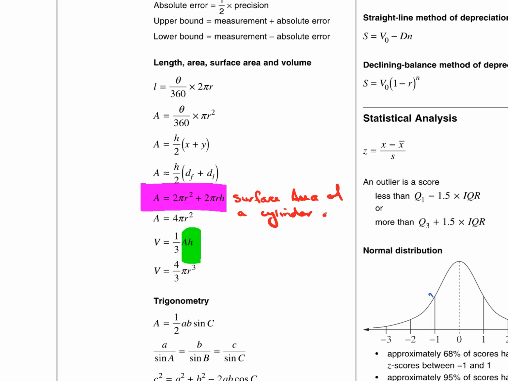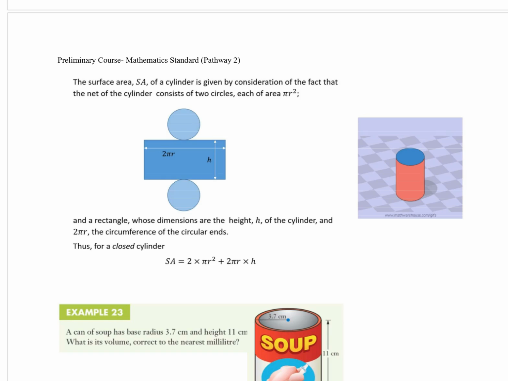I'm going to go back to the notes now. Okay, the surface area. Remember when we did surface area of the prisms? We said we would consider the net, that is like opening your solid out flat. The net of a cylinder consists of a rectangle and two circles, and that's where the formula comes from.